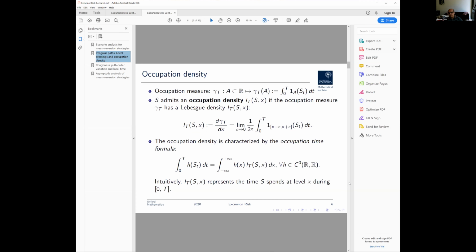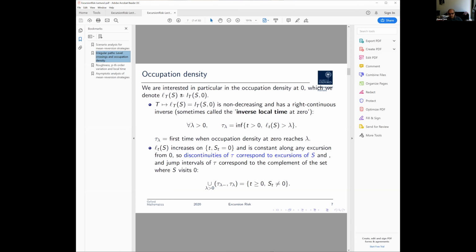Okay, so yesterday we defined these notions, occupation density, and so on. We said that a path S, and here we're going to consider sample paths of a Markov process, but exactly the same thing, admits an occupation density if the occupation measure of the path, which says how much time I spent in each set A, has a Lebesgue density, and we're interested in the occupation density at 0, which we denote L_t of S. An important notation I introduced was what we call inverse local time at 0.